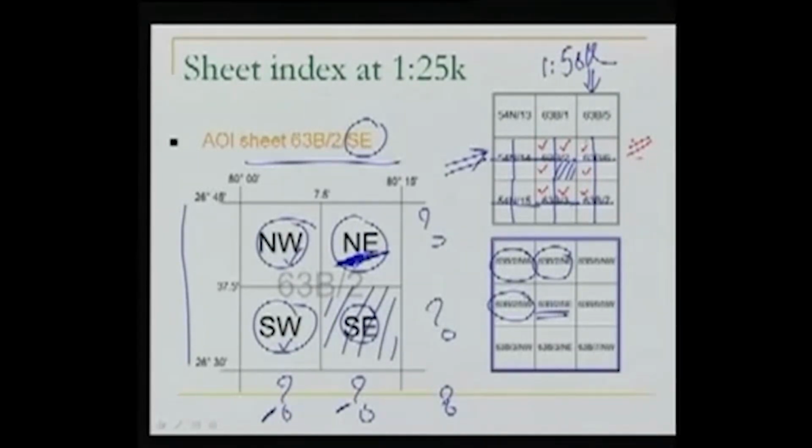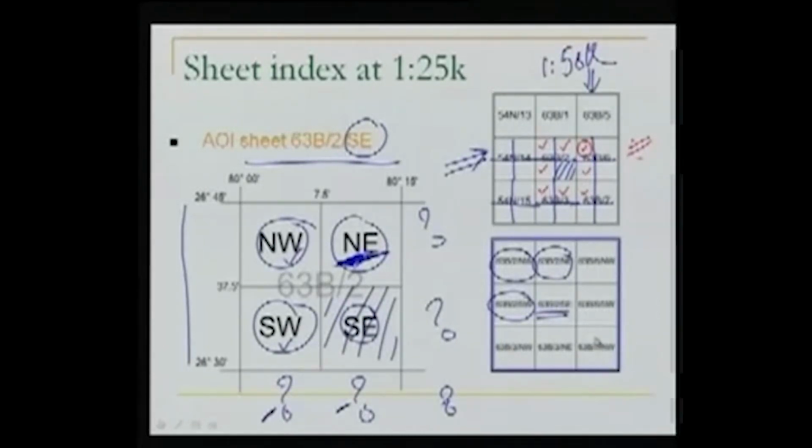The number over here should be 63B by 6 and W. So that's what we write here, 63B by 6 and W. The number here should be 63B by 6 by SW. So this is also we are writing, 63B by 6 SW.